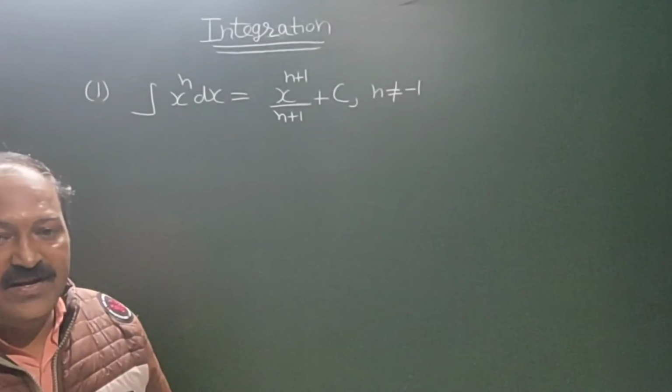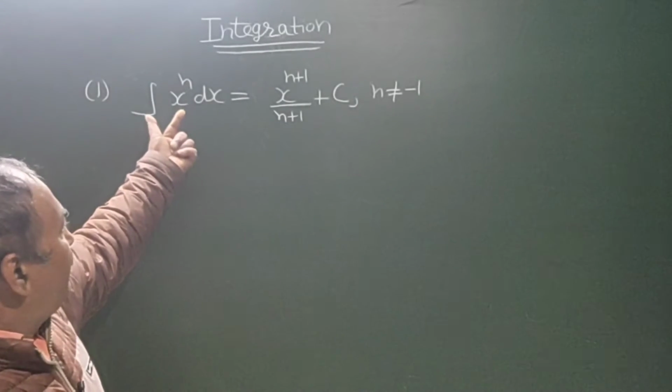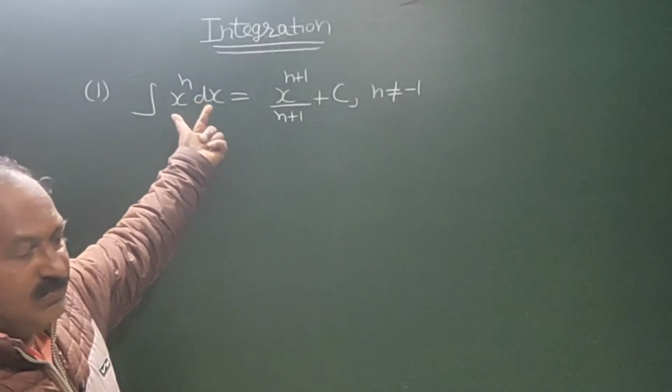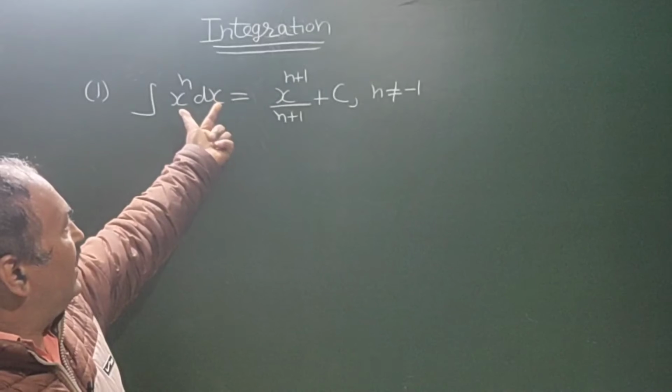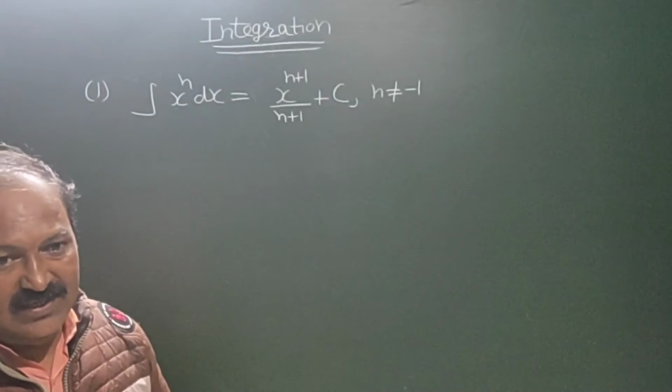The value of n cannot be equal to -1, then the formula of integration of x raised to power n into dx is x to the power n plus 1 upon n plus 1 plus c.